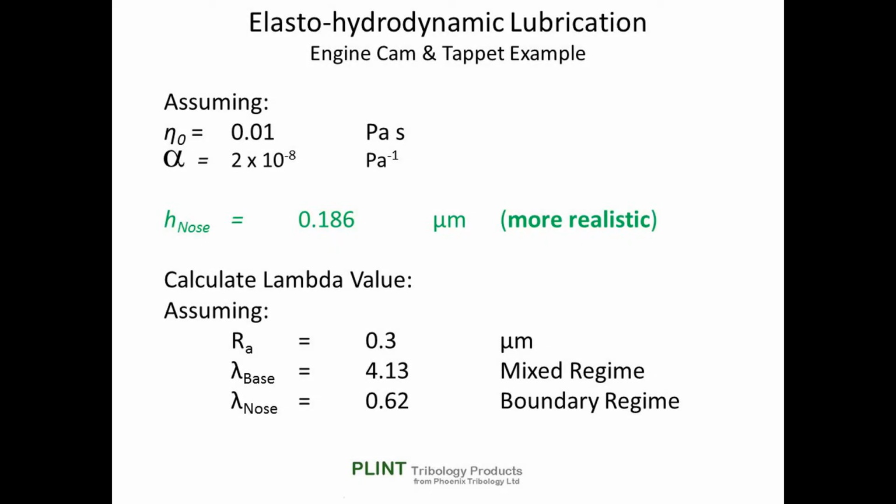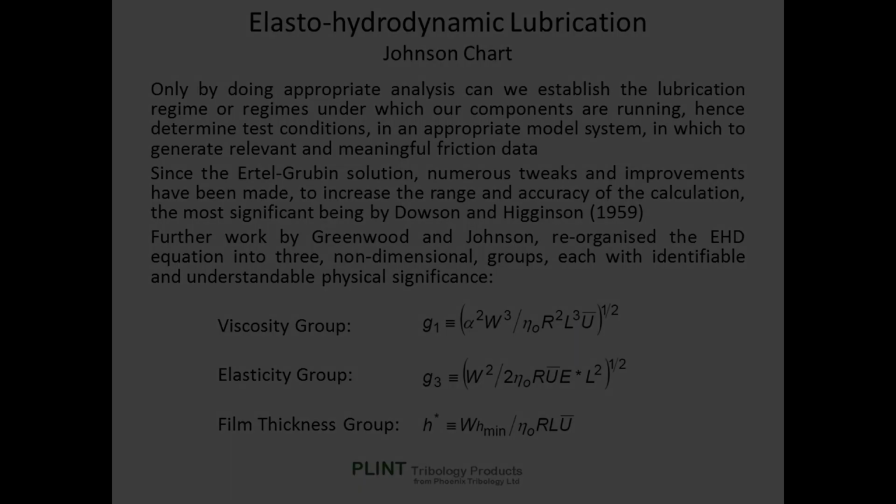Only by doing the appropriate analysis can we establish the lubrication regime or regimes under which our components are running, hence determine test conditions in an appropriate model system in which to generate relevant and meaningful friction data.